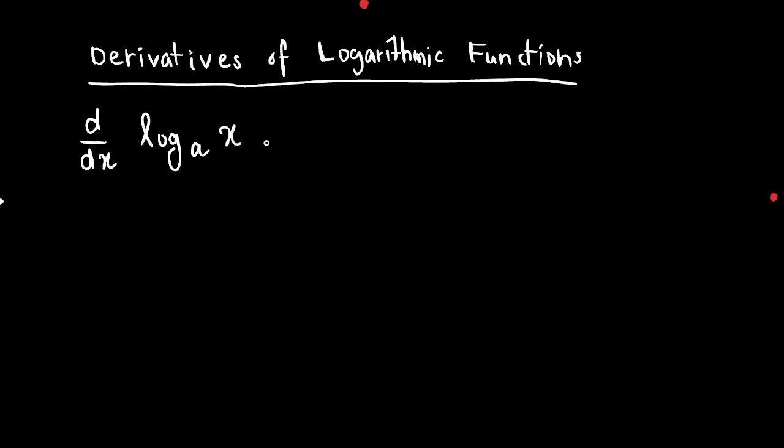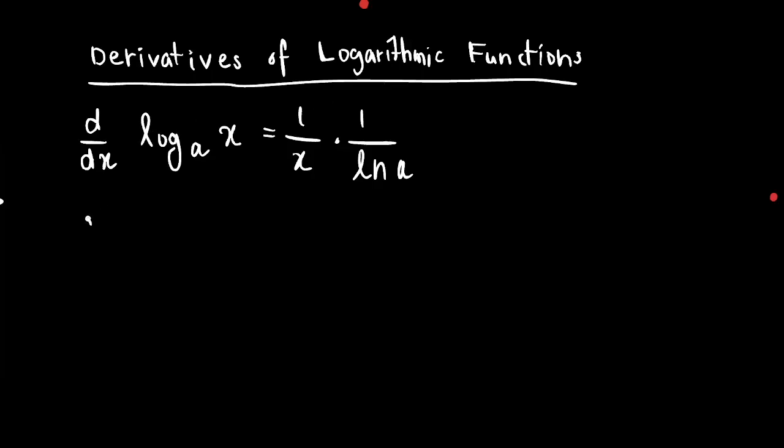That derivative is just going to be equal to 1 over x times 1 over ln a. So our x here, again, is the original, and then the ln of our a. The a is the base of the logarithm. So this is going to be something we have to commit to memory once again.